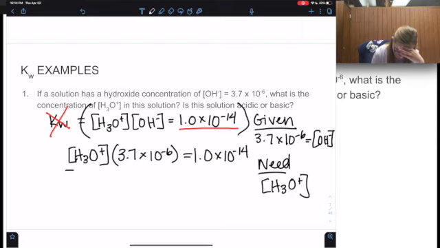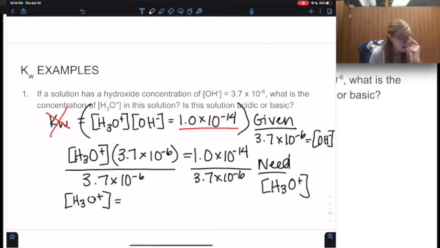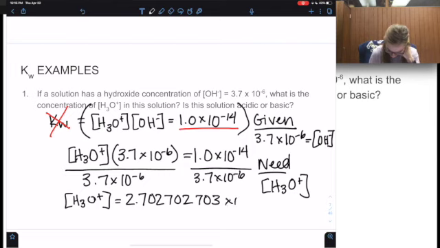So I'm going to divide both sides by 3.7 times 10 to the minus 6, and that leaves me with the concentration of H3O+ equals 2.702702703 times 10 to the minus 9.